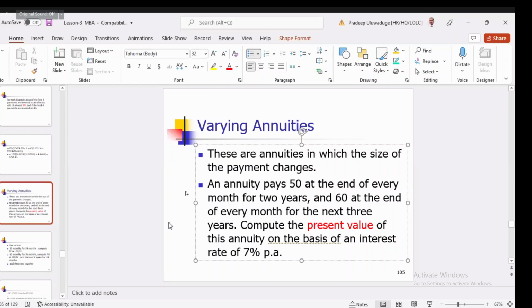An annuity pays 50 at the end of every month for 2 years, and 60 at the end of every month for the next 3 years. So if the interest rate is 7%, how are we to calculate the present value of this annuity? You receive 50 monthly payments for 24 months.